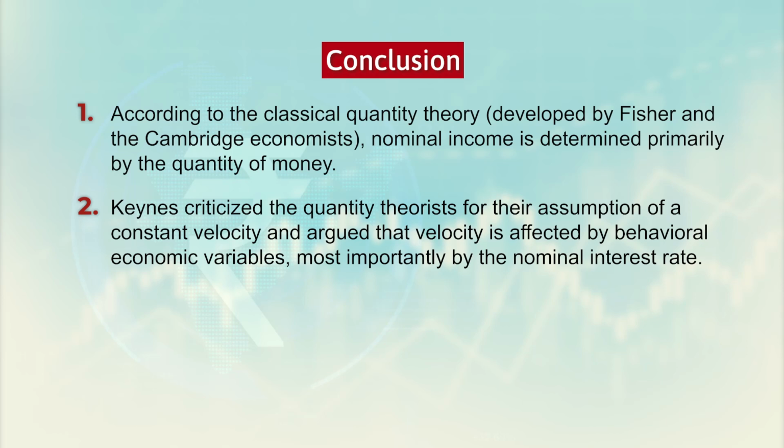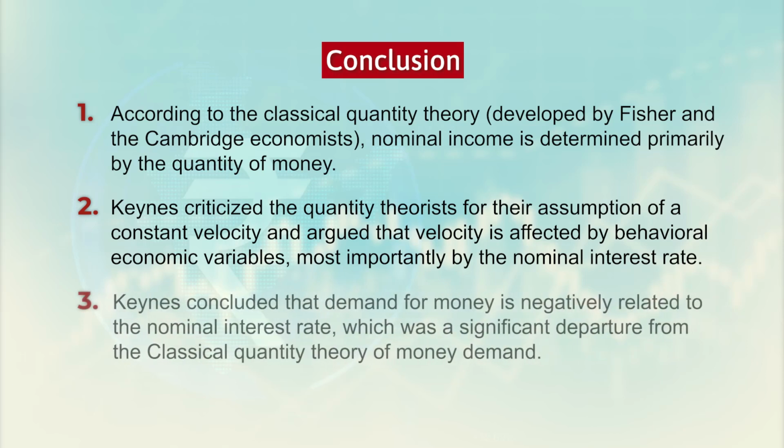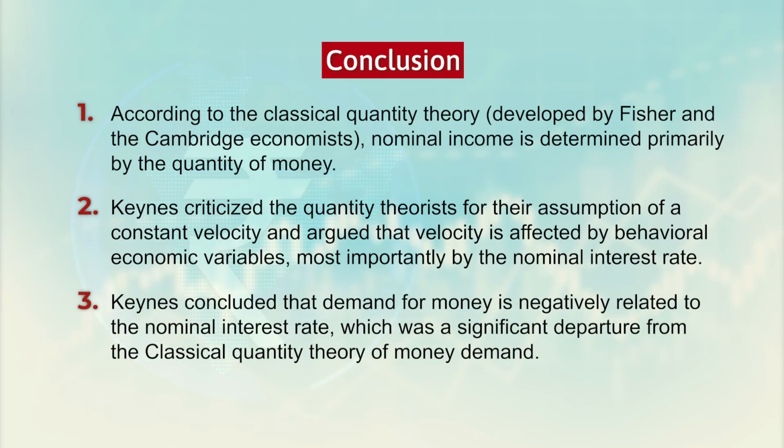Keynes argued that velocity of money is not constant and is affected by behavioral economic variables, most importantly by the nominal rate of interest that constitutes the speculative demand. Keynes concluded that the demand for money is negatively related to the nominal rate of interest, which is a significant contribution and departure from the classical quantity theory of money.